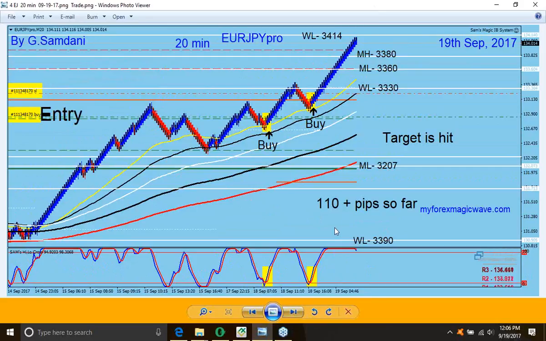See, 110 pips. This was an entry that I took right there, right? But this was another entry. See how many entries? You had this entry too, which I missed. Okay, I didn't take this one, but I took this one, and I didn't need to take this one because I was already in. But this market gives you entries all over the place, but precise entries, no confusion.